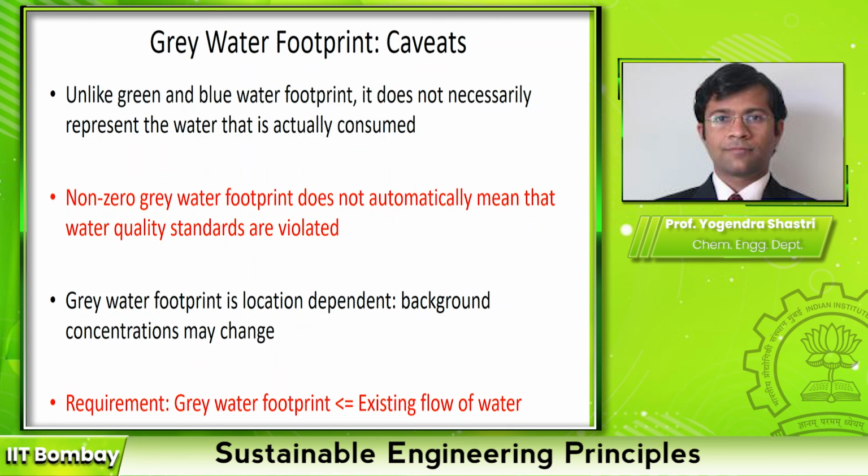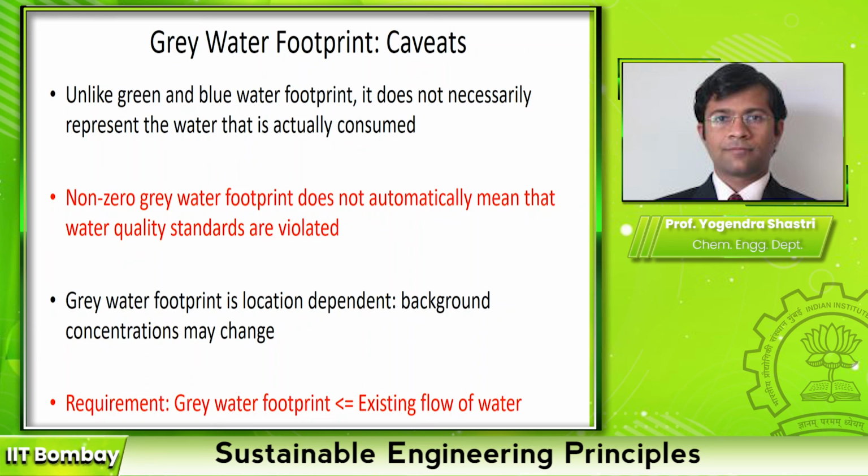I would also like to identify certain caveats related to grey water footprint. When we compare it with green and blue water footprint, the green and blue water footprints actually tell you the water that is required for production of a particular product. Grey water footprint, on the other hand, is just an indicator of how much water is needed to take care of the pollution.